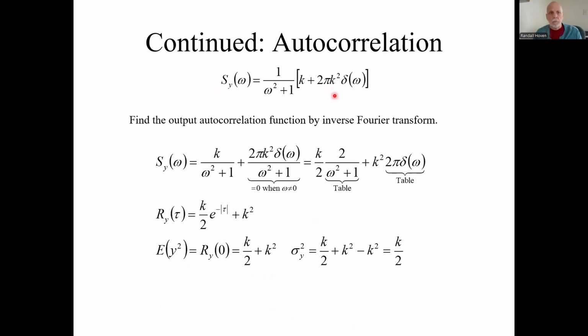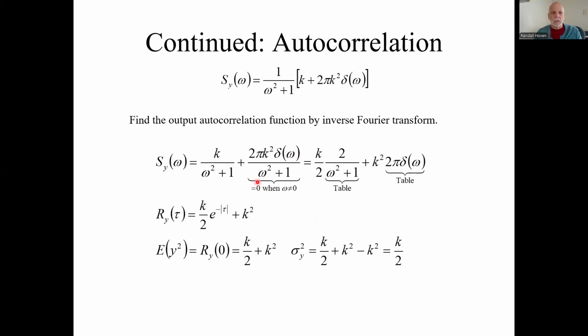Here it is again. To find the autocorrelation function, that's the inverse Fourier transform of the power spectral density. So let's rewrite it a little bit. Break it up into terms, a k over omega squared plus 1, and then this over omega squared plus 1. Well, this Dirac delta function is 0 when the argument is not 0.